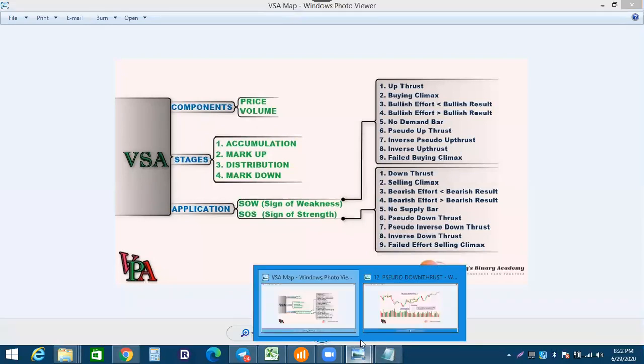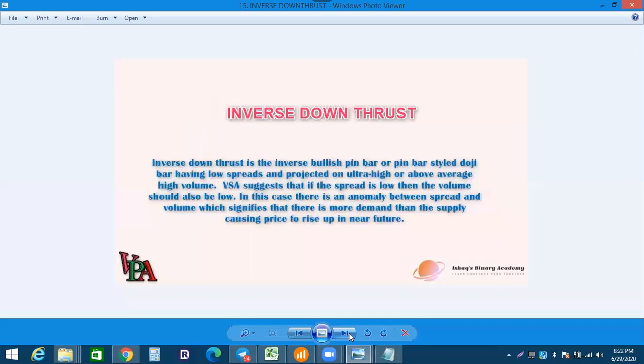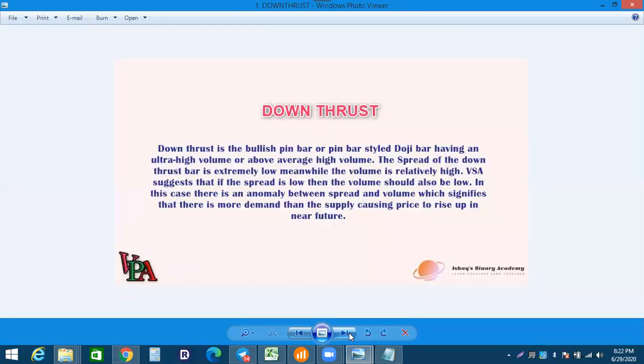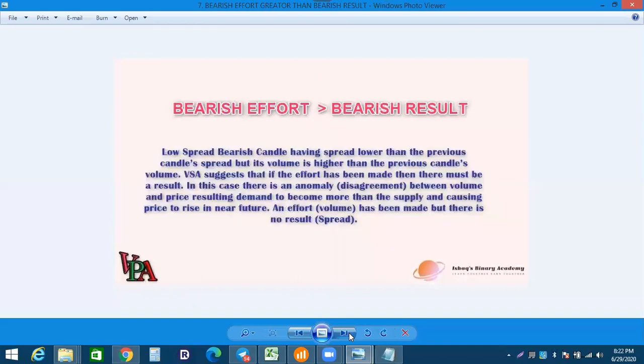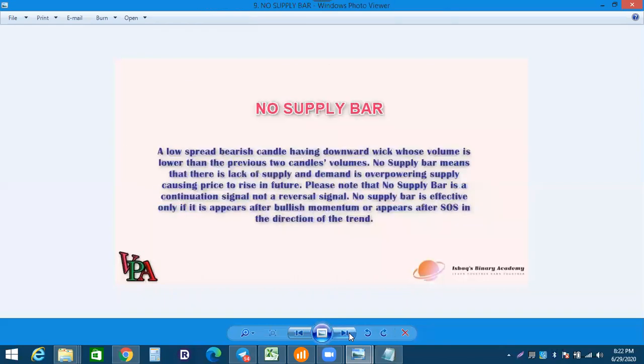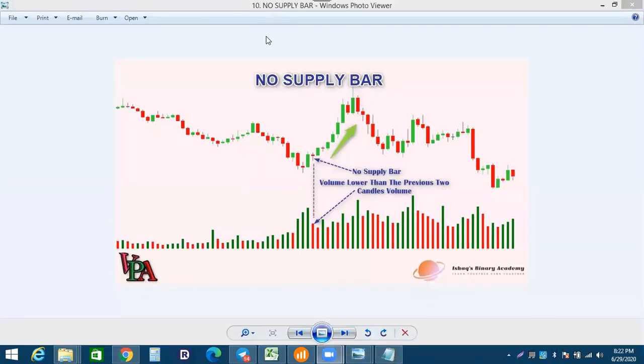There are some pictures I'm going to show you. Sometimes you will find this type of single candle.